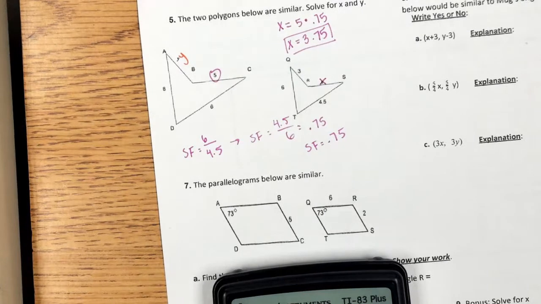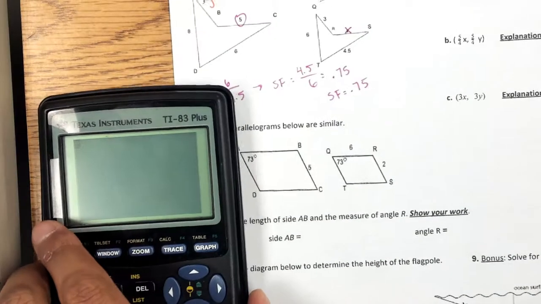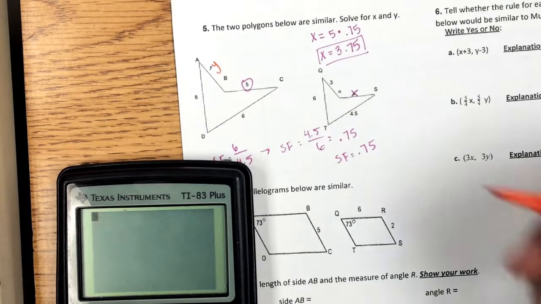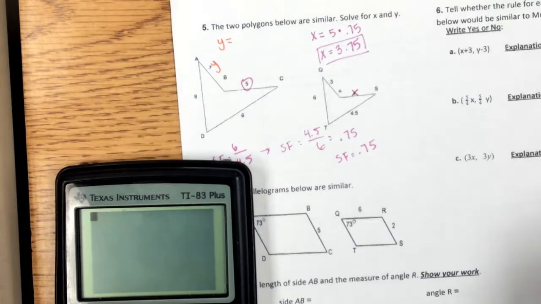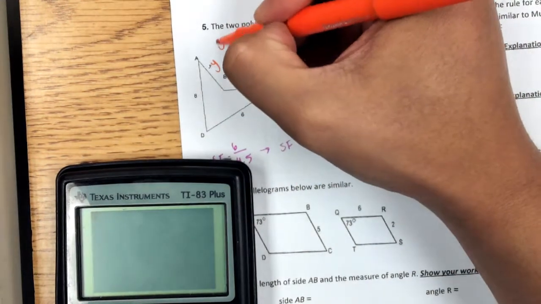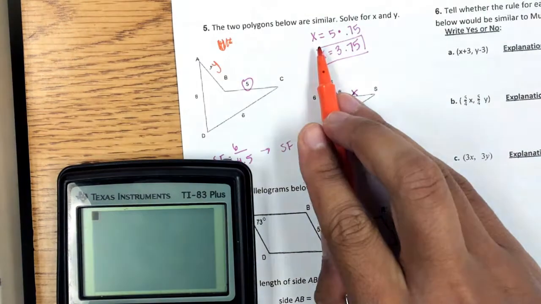We need to solve for y. So, okay, let's put this here. So y is equal to, actually, because we're starting here, because y is over here in the large figure, we're going to do something very similar to this equation we set up here.